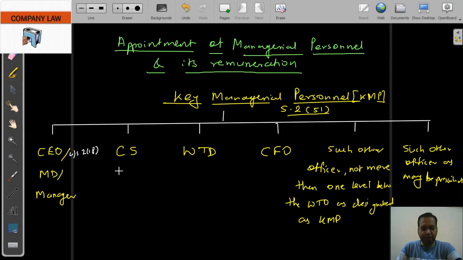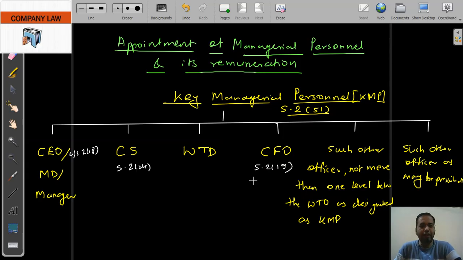Then Company Secretary is defined under section 2 subsection 24. Chief Financial Officer is defined under section 2 subsection 19. So these are the officers who are defined under the Act.